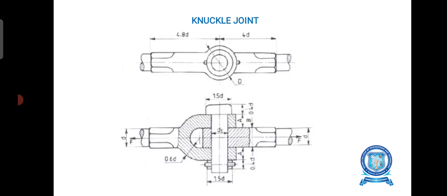This is the knuckle joint, and more parameters are given here. Next slide we can discuss more.